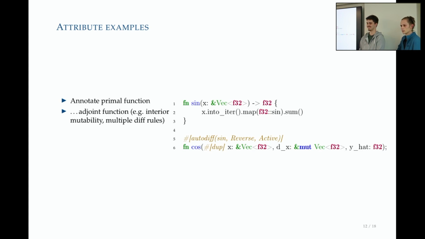Oh, over there. Sorry, did you raise your hand? So you have reverse and active, and active is with respect to the return value, right? Yes, active is return value. So earlier on in one of your examples, you had a return value that was annotated duplicated no need.